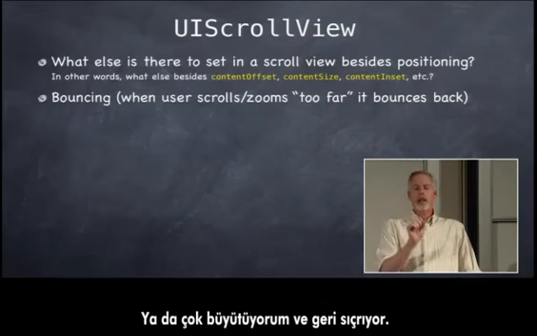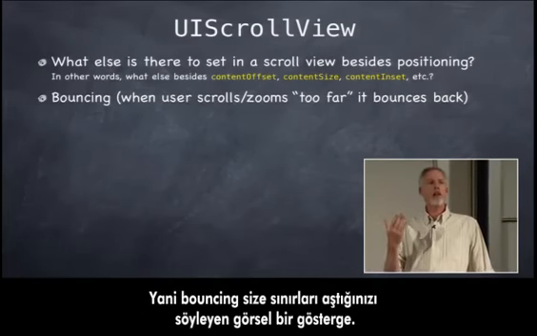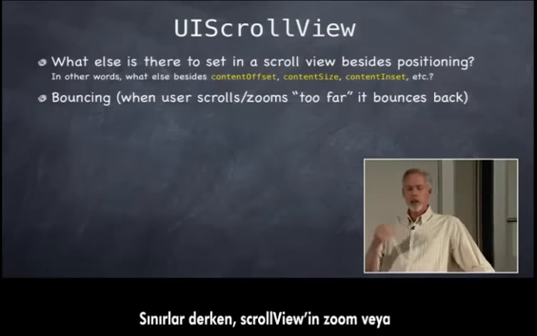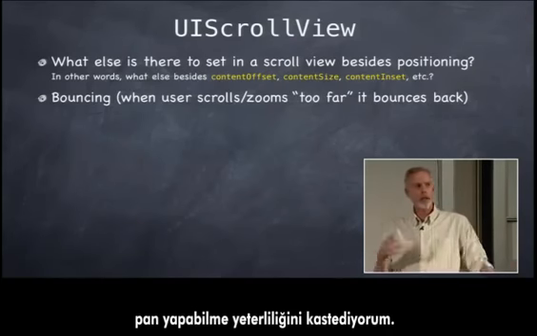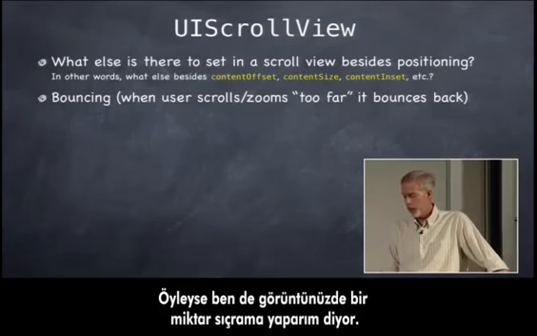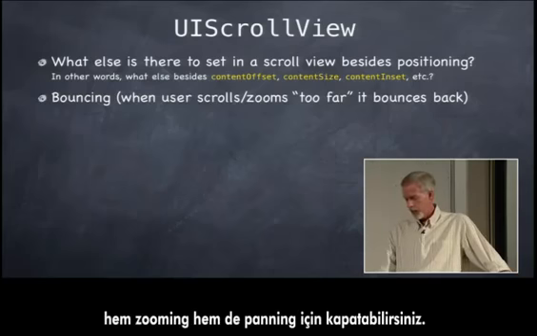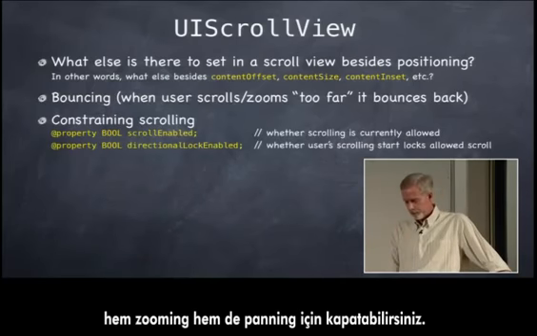Or I go too big, and let go, and it bounces back in. So the bouncing is kind of a visual indicator to the user that you've exceeded the limits of this scroll view's ability to zoom or pan. If it's not really appropriate to your view, you can turn it off, both for zooming and panning.